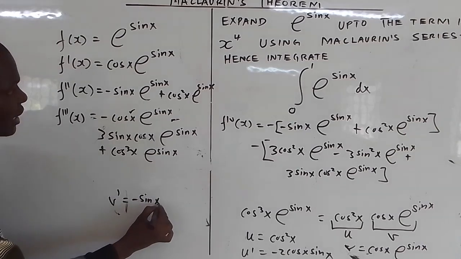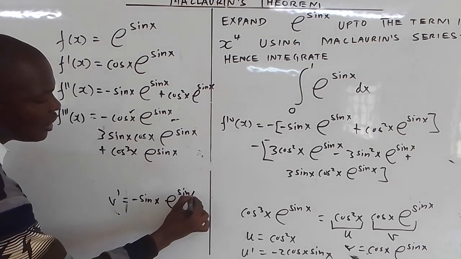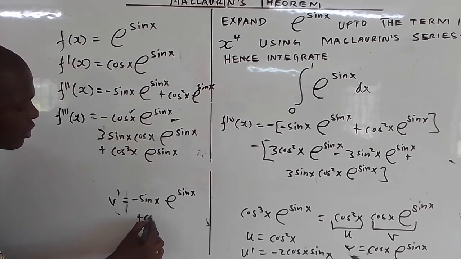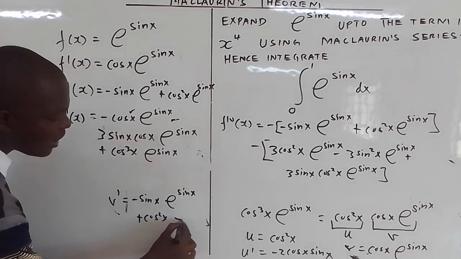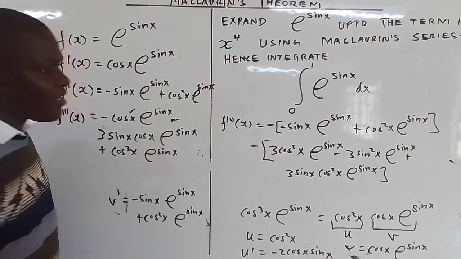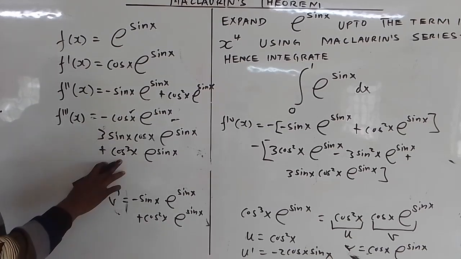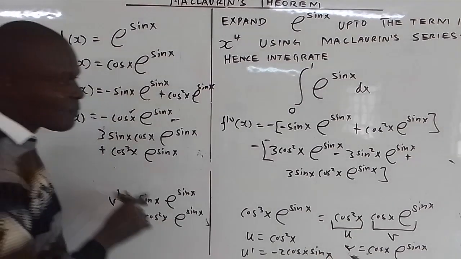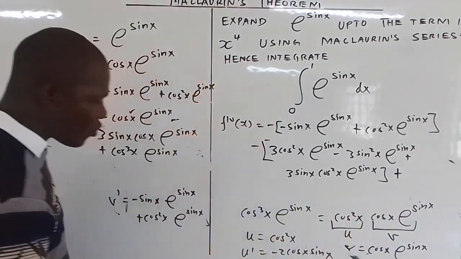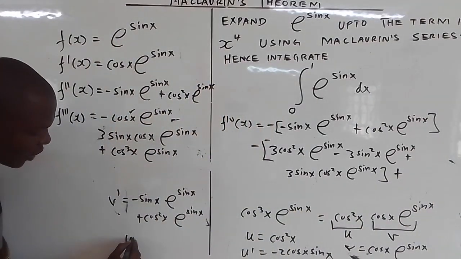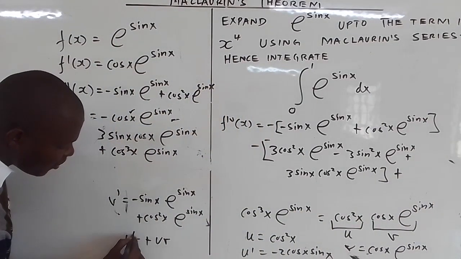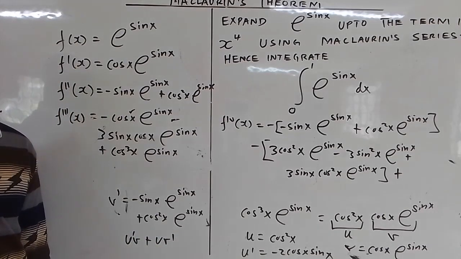You got minus sine x exponential sine x plus cos squared x exponential sine x. Are we together? So you go here in the last part, it was plus. Then, what were you supposed to get? If this is u prime, the other one is v prime. Product rule, isn't it?